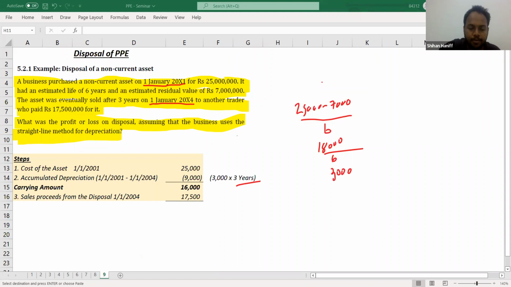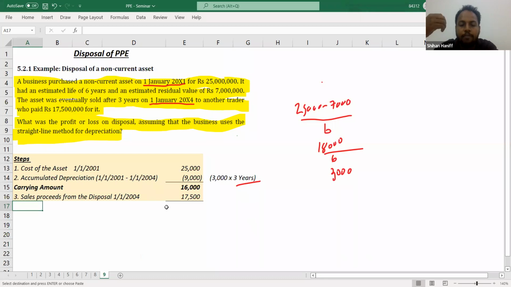Next. The final step, calculate the profit on the disposal. How much is the profit? 16,000 worth of asset we are selling at 17,500.